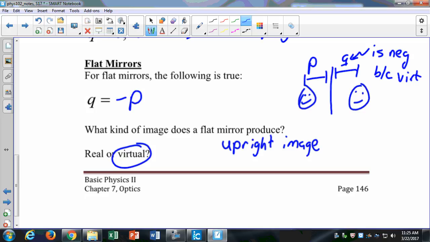It's also an image that is the same size as the object. All right? Is it really the same size as the object? Does your head really appear the exact same size as it is in a mirror? Have you ever thought about this?